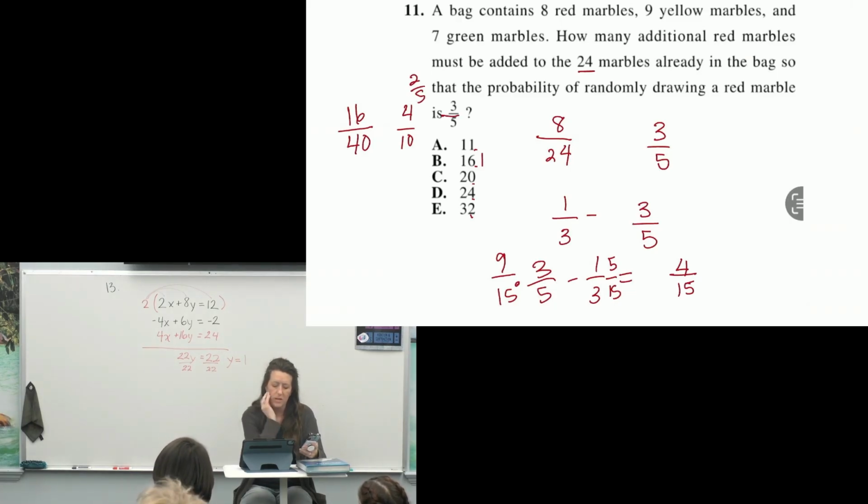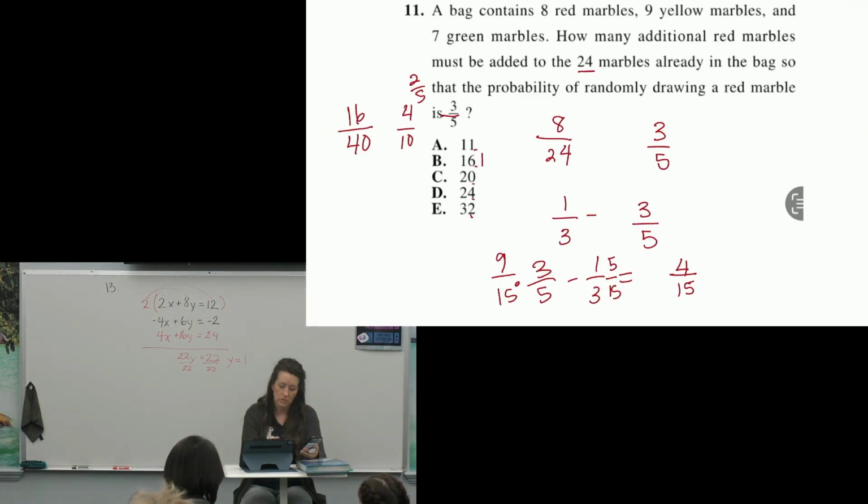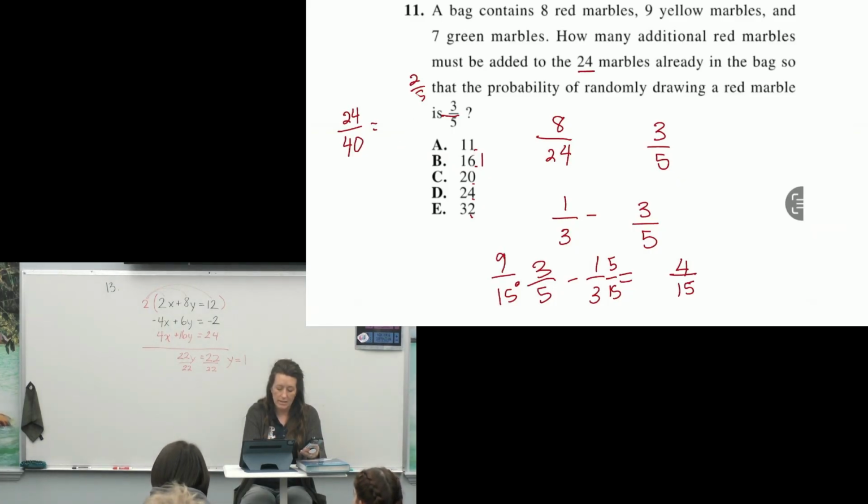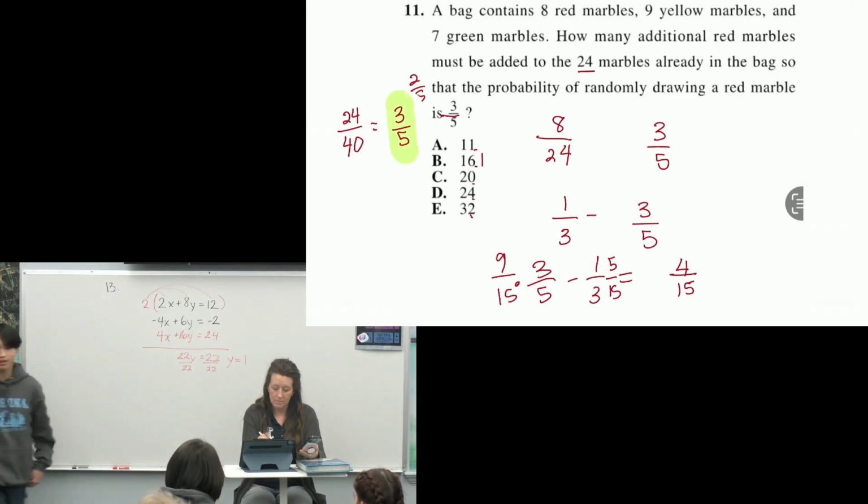They want 3 fifths. Wait, did I do that wrong? Oh, not 16. That's 16 out of 40. This is actually 24 out of 40. Right? Because 16 plus 8 is 24. So that's how many red ones you would need, which would end up being 3 fifths. And that's the answer for that one.